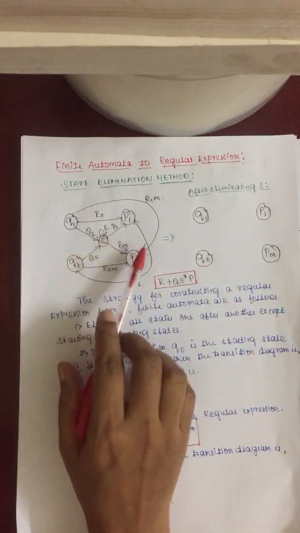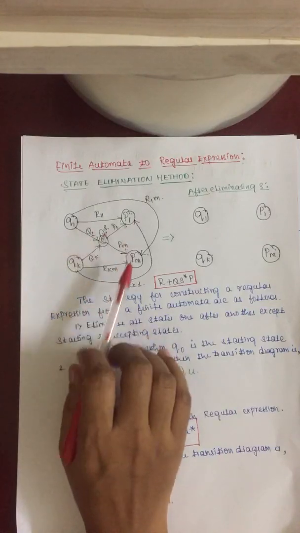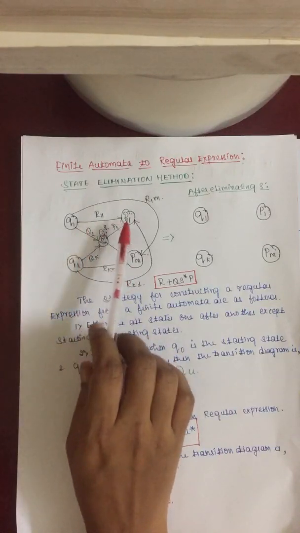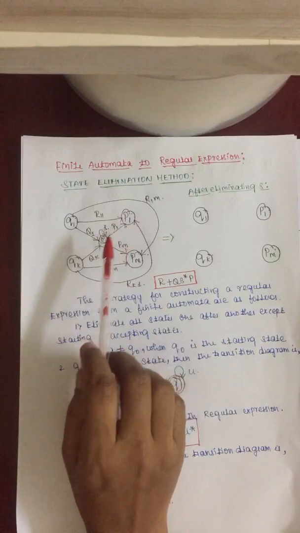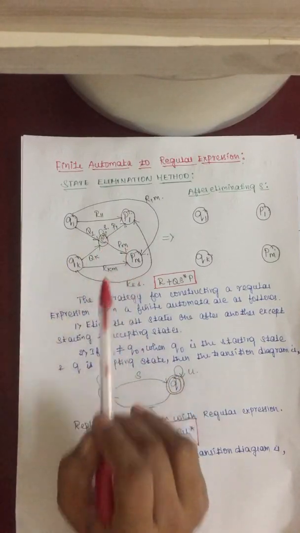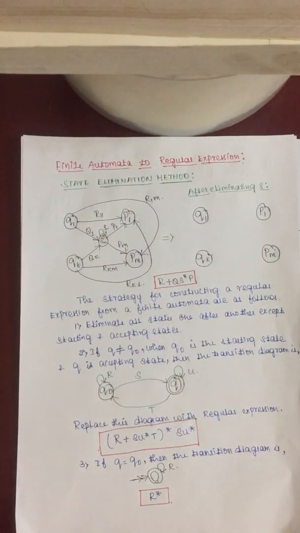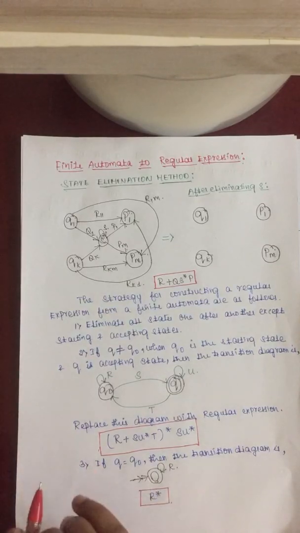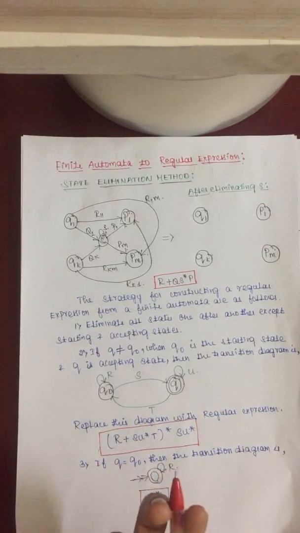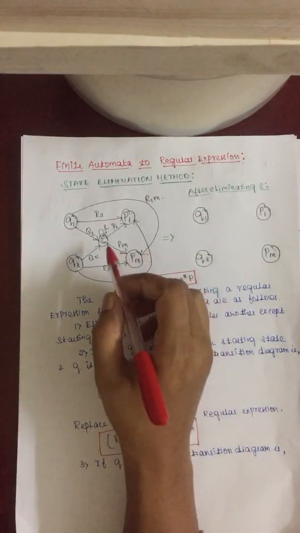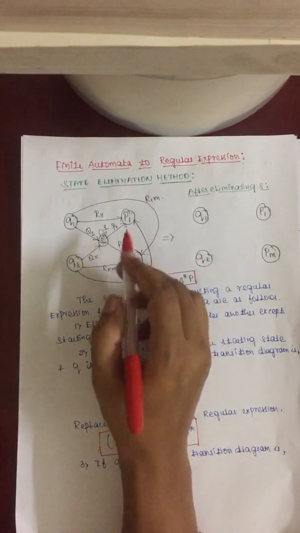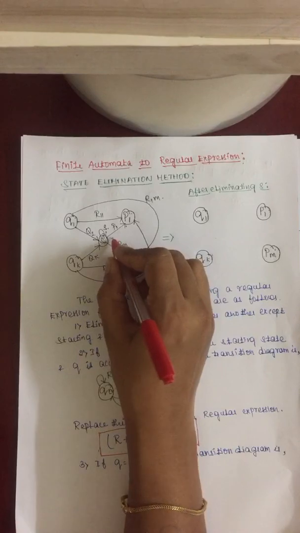We'll take this random example here. In this example there are totally 5 states: Q1, P1, S, QK and PM. Suppose you want to eliminate states one by one to frame the regular expression. For example, we are going to eliminate the state S now.